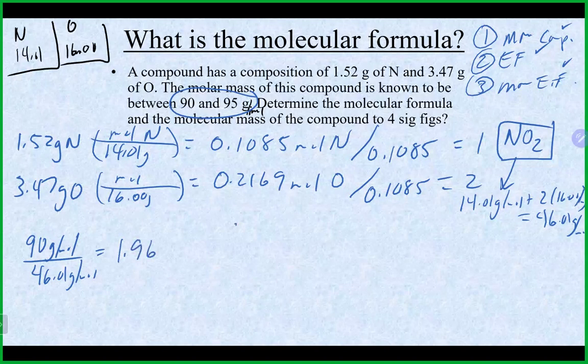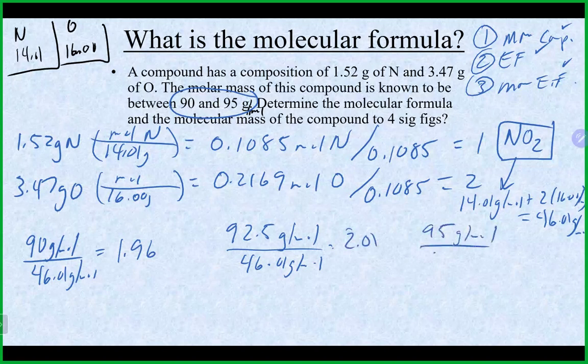You go about halfway between the two numbers at 92.5 grams per mole, between the upper and lower limit there. And if you did that, 92.5 divided by 46.01, about a 2.01. And if you chose the upper limit, you got about 2.06 here.